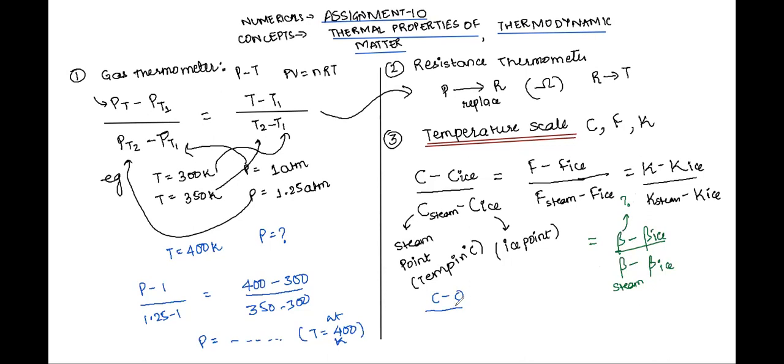So we know 0 degrees Celsius is the ice point for water, right? Similarly, let us write down these values for Fahrenheit and Kelvin before proceeding ahead. So let's take first degrees Celsius.